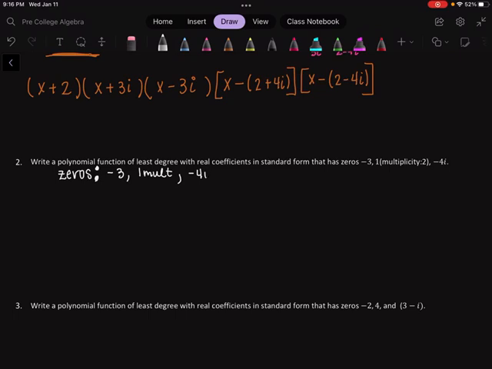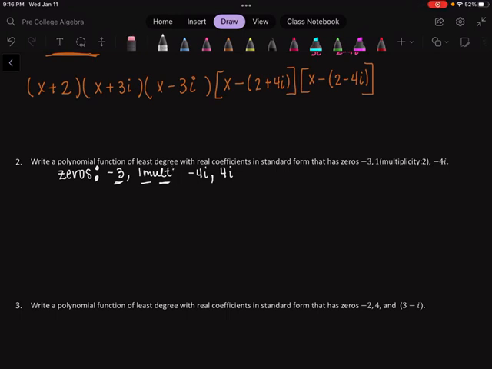And then we have negative 4i, and because it's a complex number, we have to have its conjugate of positive 4i. So when it says write a polynomial of least degree, if we look at how many zeros we have here, this is 1 zero. This is 2, 3 zeros because a multiplicity of 2, I didn't write that 2 there.